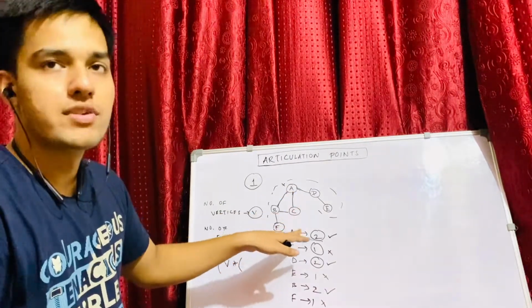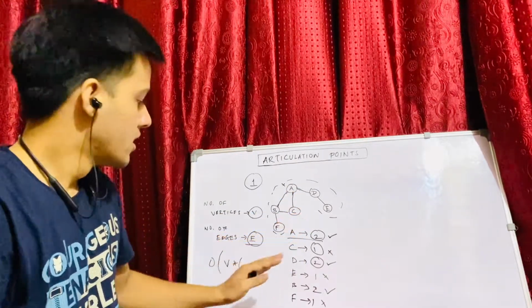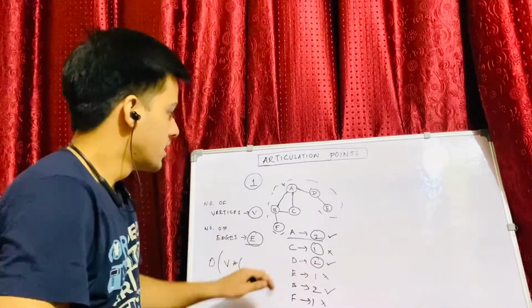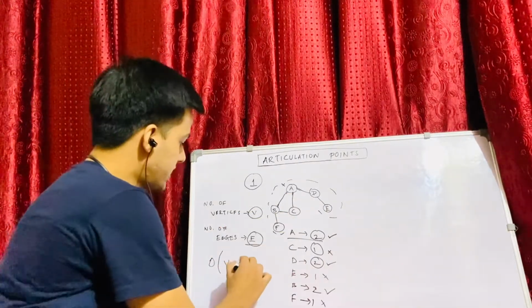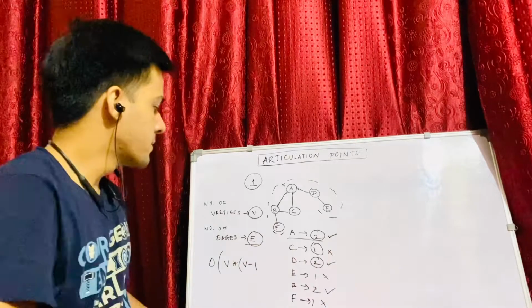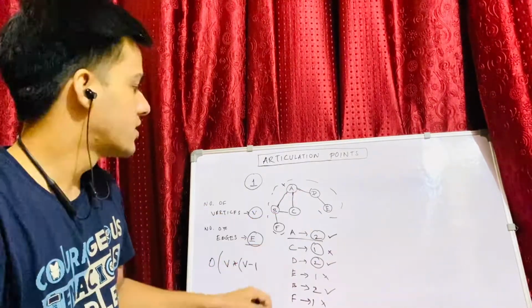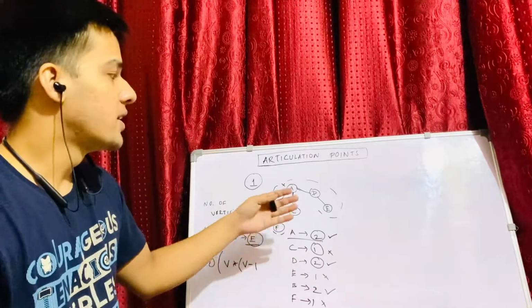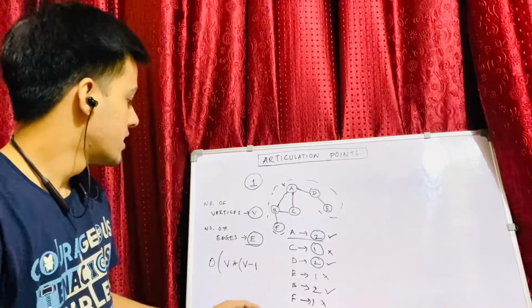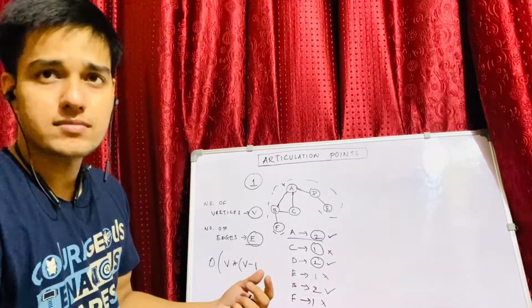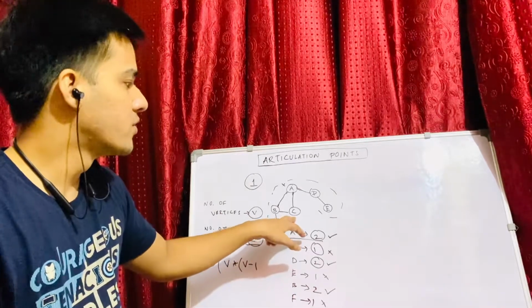So how many remaining nodes would there be? There would be V minus 1 remaining nodes, right? And it will be going through all the remaining edges. If I remove a particular vertex, then some number of edges will get removed as well, right?